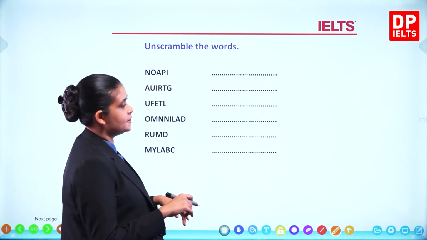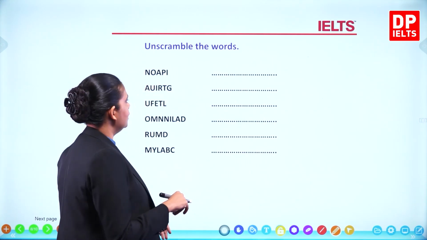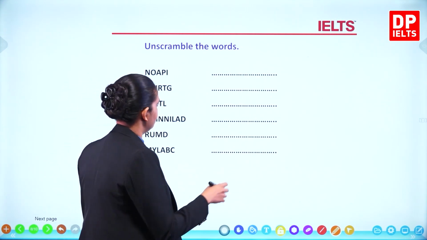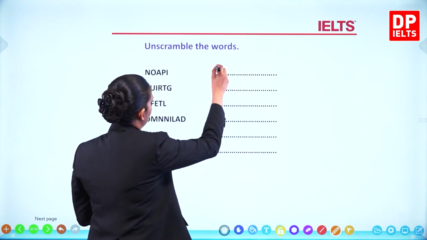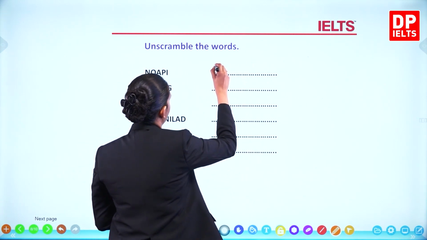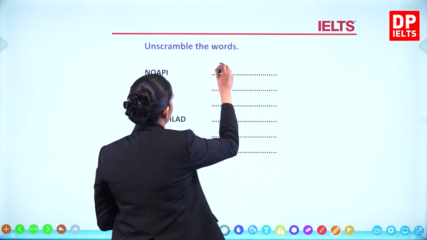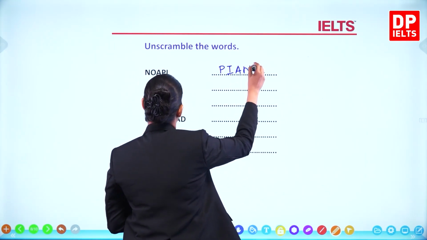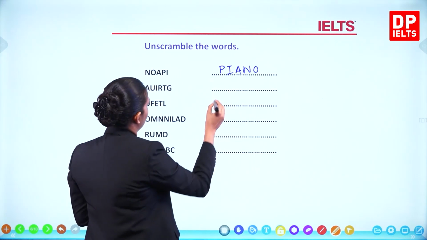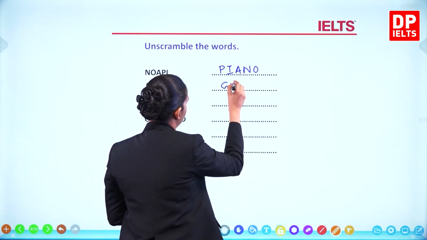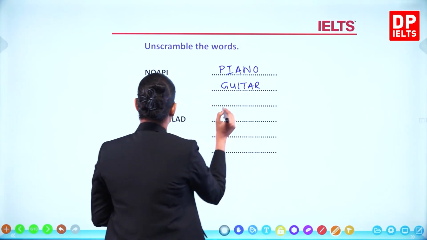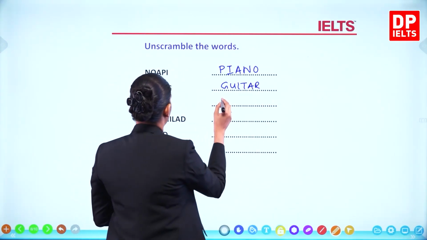It's all in caps letters, capital letters, right? So if you want, you can unscramble it as capital letters or simple letters. That's fine, okay? So first one is piano. P-I-A-N-O, piano. Next one, guitar. Next one, flute.